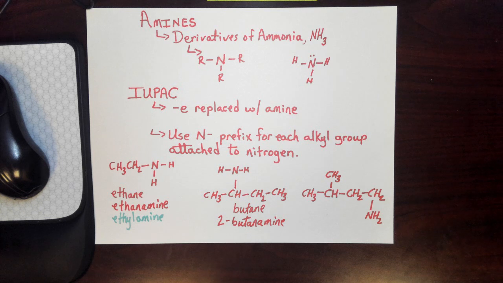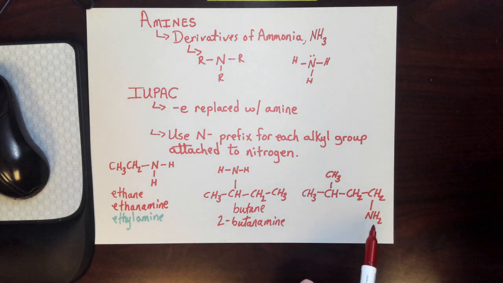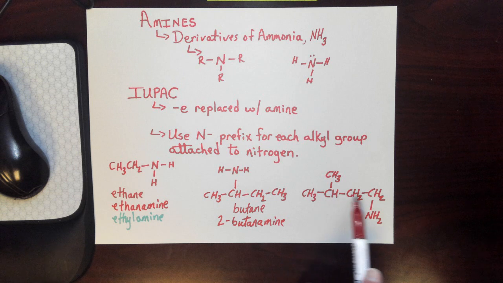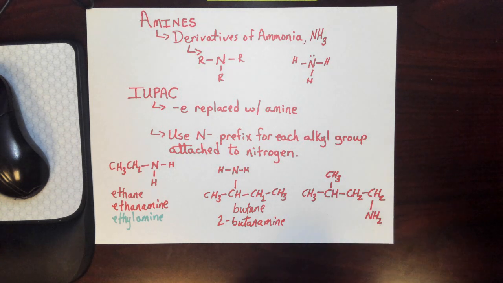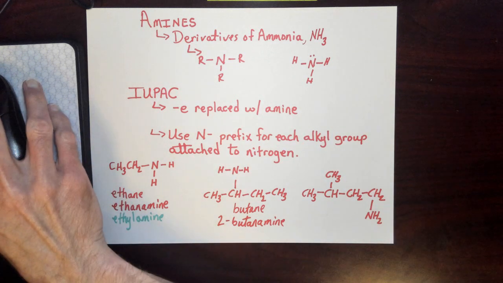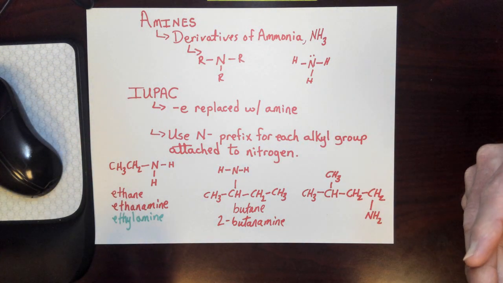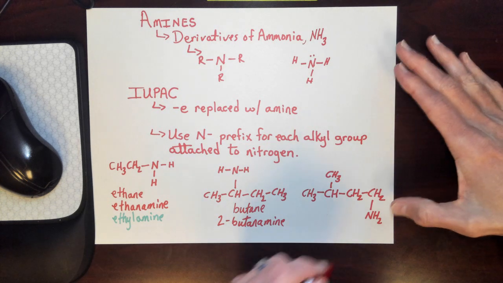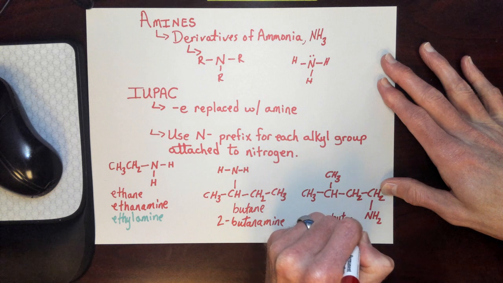Alright, so here we have our amine attached right here. Our longest carbon chain is 4 carbons, whichever direction we go. We've got a 4 carbon chain, so we're looking at a butane. So we're looking at some sort of butanamine. Okay, so let's go ahead and get that written, butanamine.